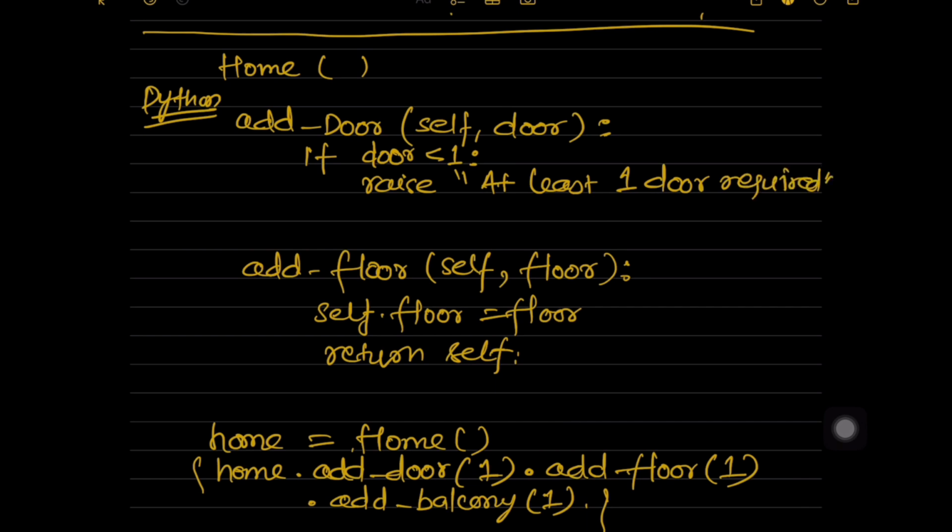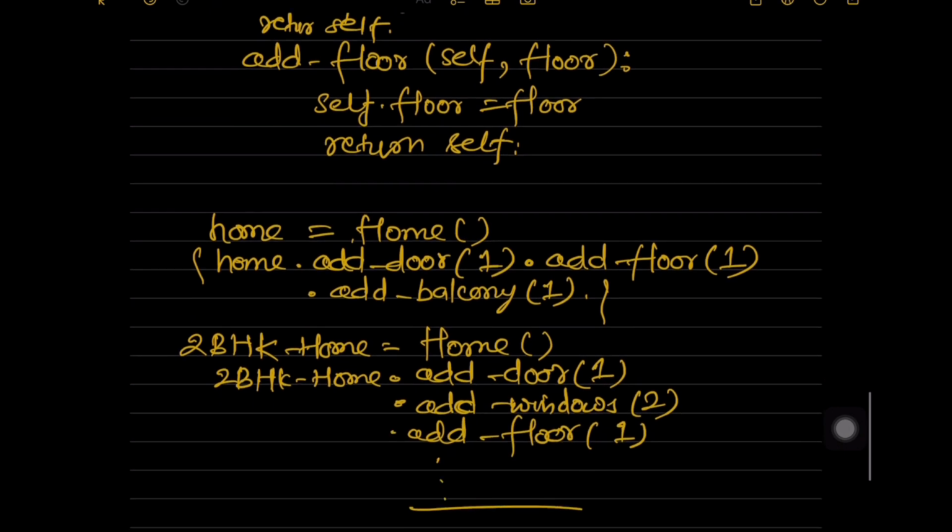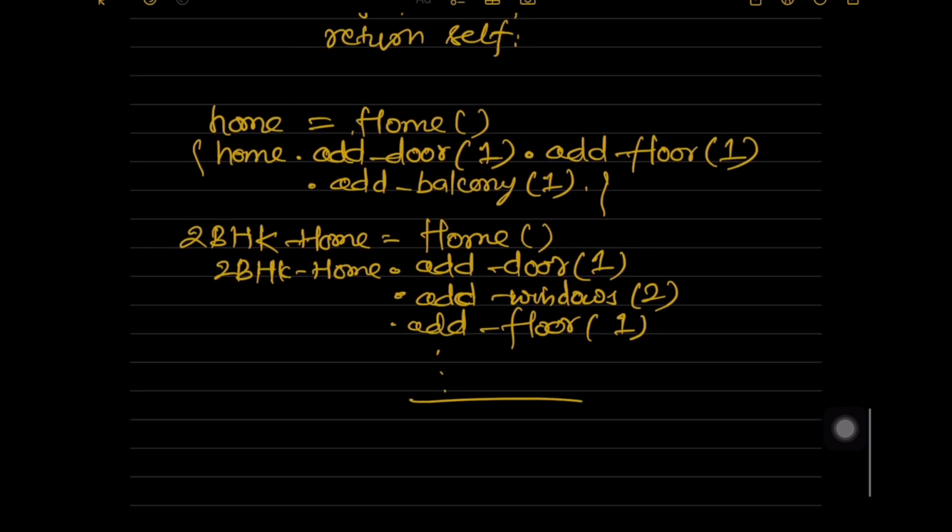Else set self.doors equal to doors, and return self from here. Okay, so this is the whole idea of this code.